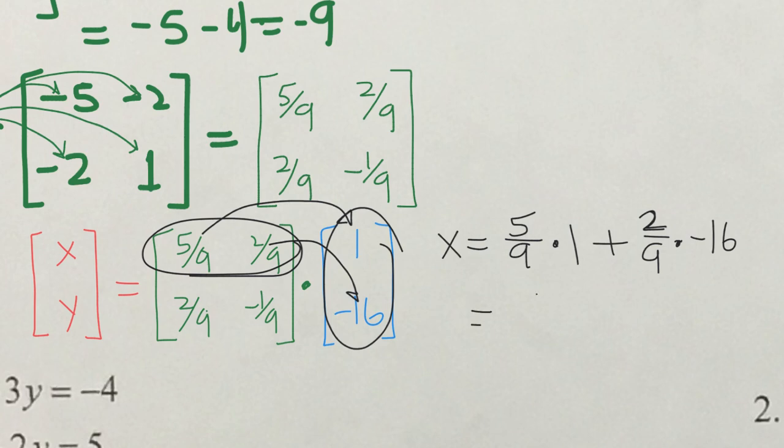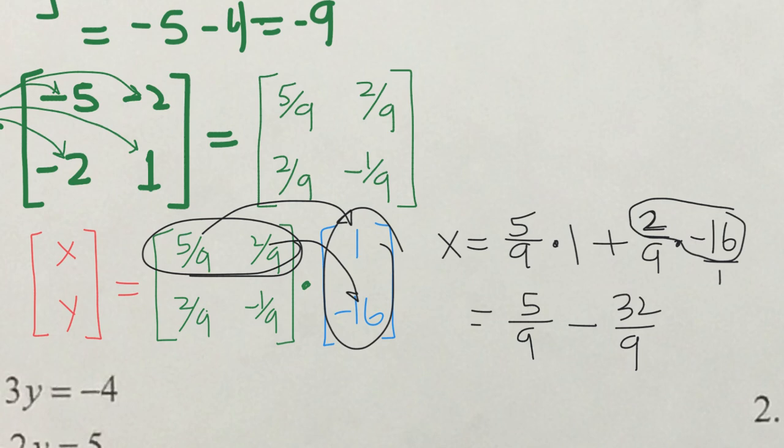So 5/9 times 1 is just 5/9, minus 2 times -16, which is 32/9. Because when you do a fraction times a whole number, it's top times top, and 16 over 1, bottom times bottom.